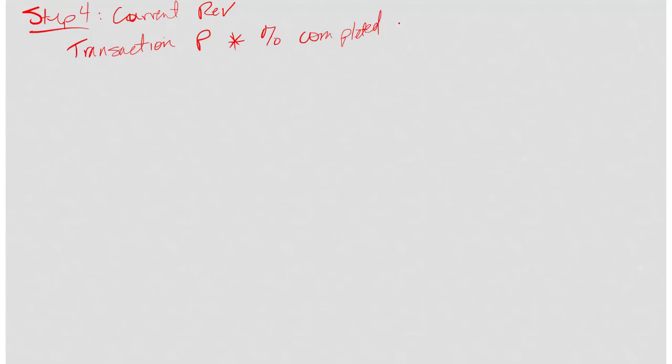That's really ugly. Sorry about that. That equals my revenue earned. So in this case, the transaction price was 50 million. Percentage completed, that's that 10% we just calculated. So I've earned $5 million so far, or the company has.